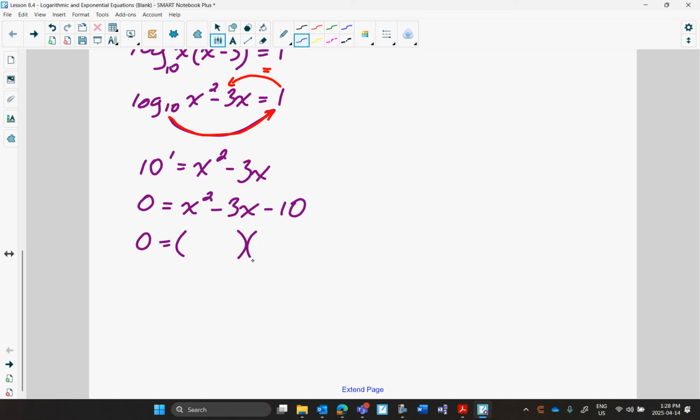I have a trinomial. This is pretty standard factoring. Negative 5 plus 2. Therefore, my solutions will be the values of x that make each of the factors 0. Are those both okay? Check them against your restrictions. Negative 2 is not okay. It has to be bigger than 3. So always check them against your restrictions. So there's only one solution, and it's 5.